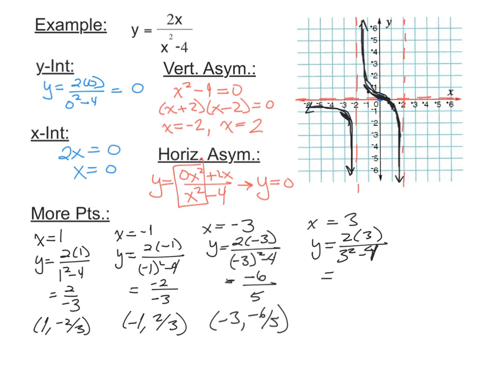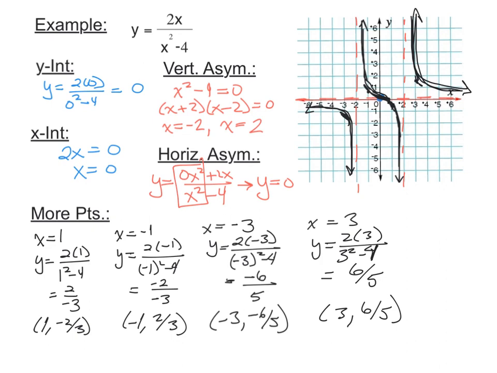That's going to be 2 times 3 being a positive 6, and 9 minus 4 being positive 5. So now we have the point 3, positive 6/5. When I plot that, 6/5 is 1 and 1/5, so it goes about right here. And I have enough now to come up with my graph. My curve is going to go through that point and then get closer to each asymptote.